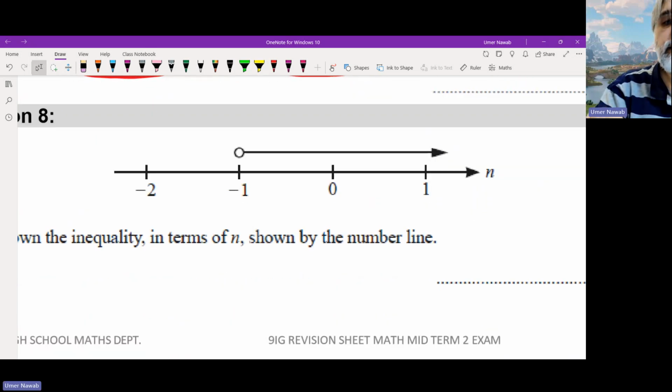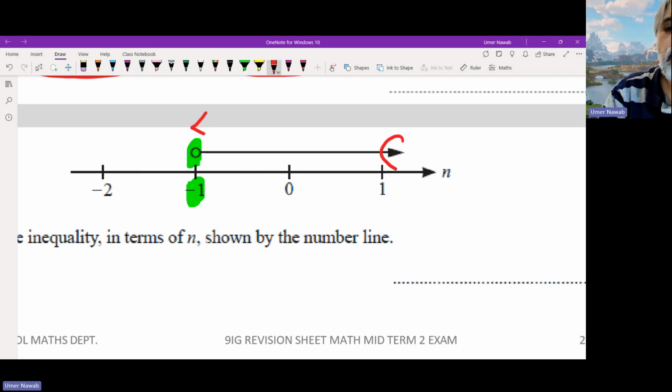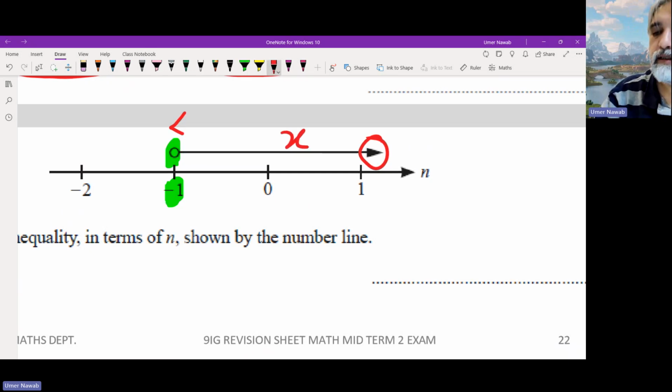Next is, you can see, boys, minus 1 is not included. So minus 1 is a strict inequality and it keeps moving forever to the right. Look at this. There is no bound on it. So I will say my x is greater than minus 1.